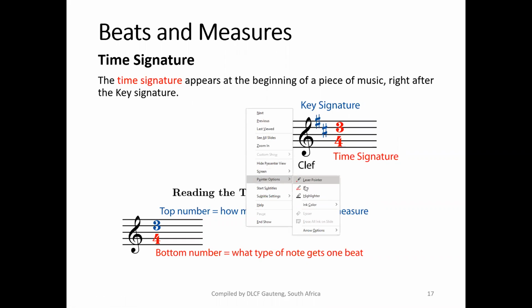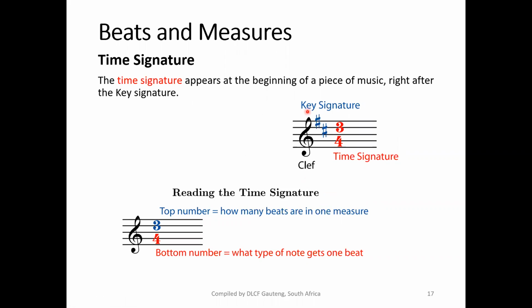At the beginning of the class, we talked about the keys, A, B, C, the natural keys we have. So in the sheet music, a song is played on a specific key, but we will have a look at that later on. So the time signature normally comes after the key signature. It looks like a fraction, like we mentioned.